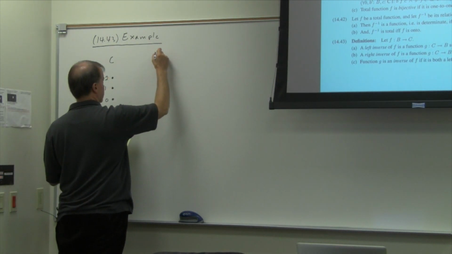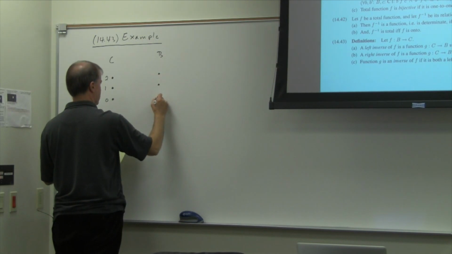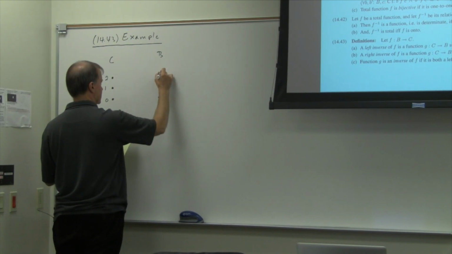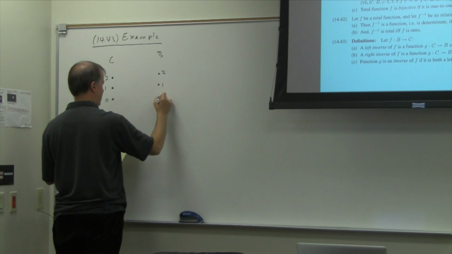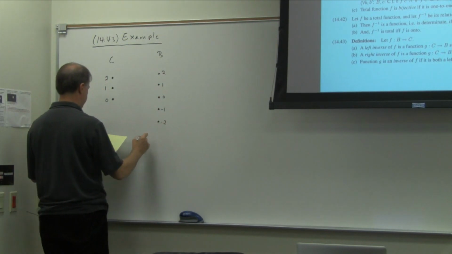And then here's our B, and our B is going to have 2, 1, 0, negative 1, and negative 2. All right?